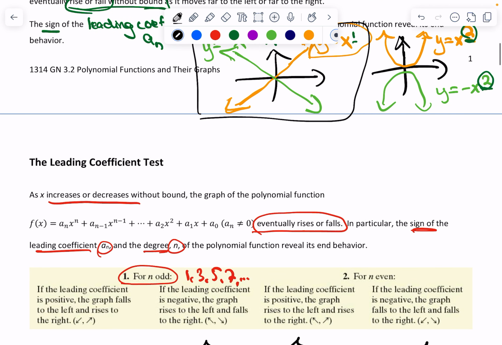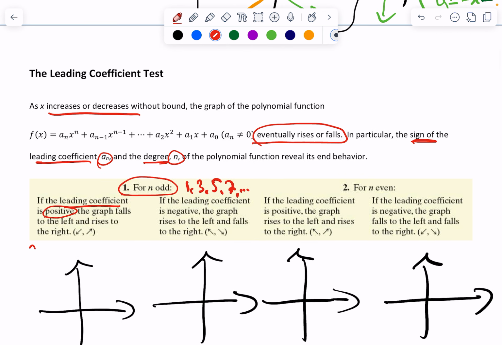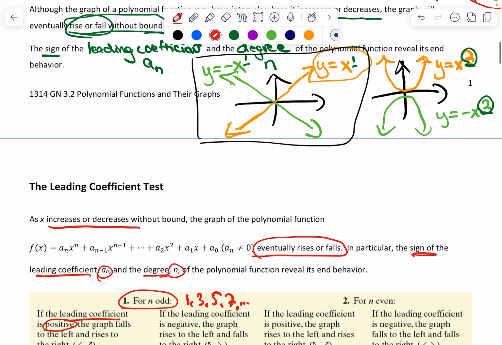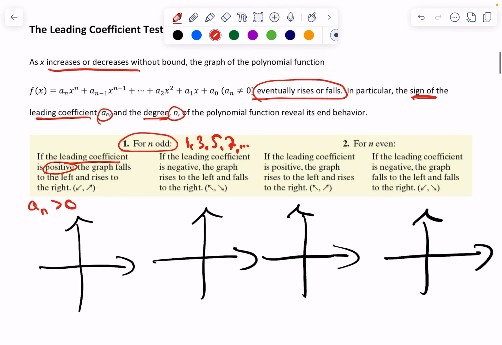So if the leading coefficient is positive, so a sub n is greater than 0, if we look at this one right here, it falls to the left and rises to the right.